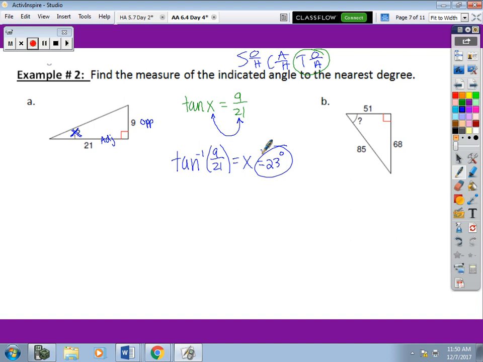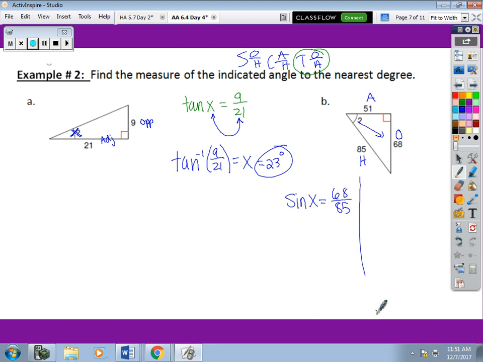Now in example B, notice we have all three sides this time, right? We have opposite, we have adjacent, and we have hypotenuse. So which trig function should I pick? Any of them. Doesn't matter which one you pick. You can do sine, which would be opposite over hypotenuse.